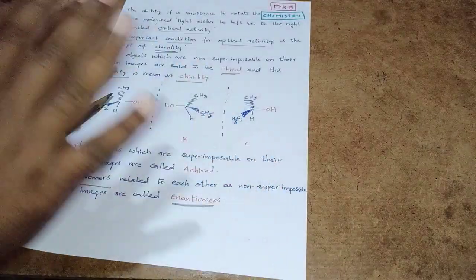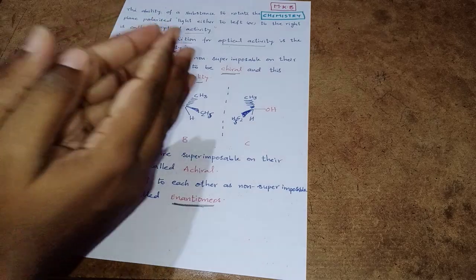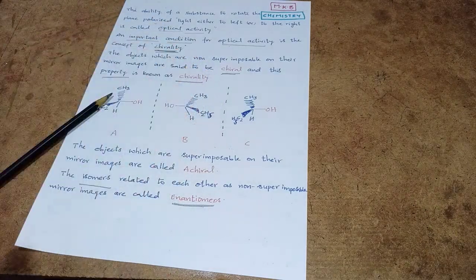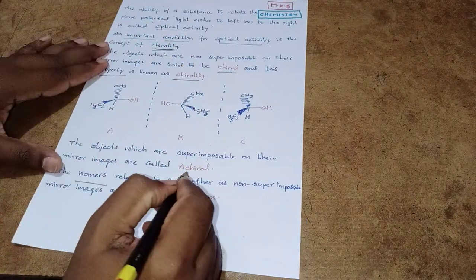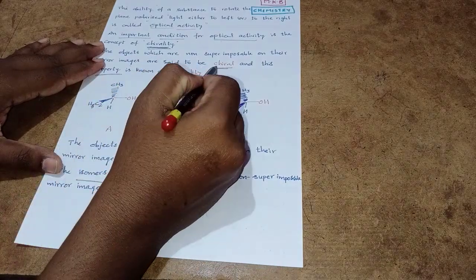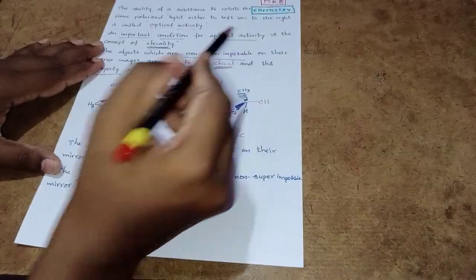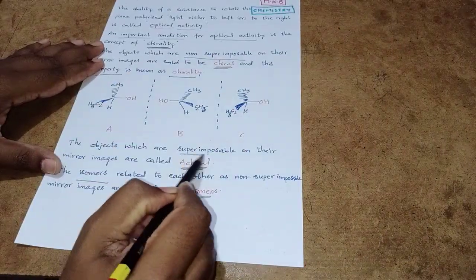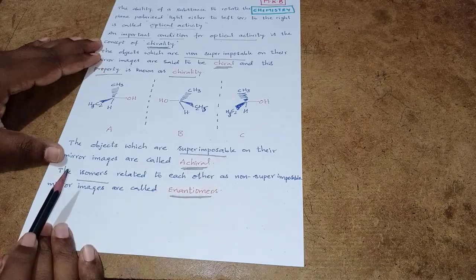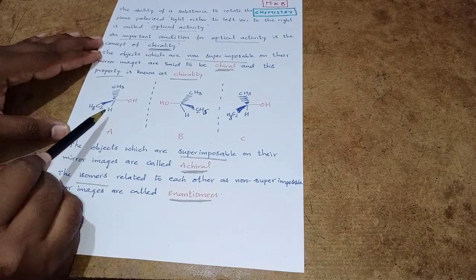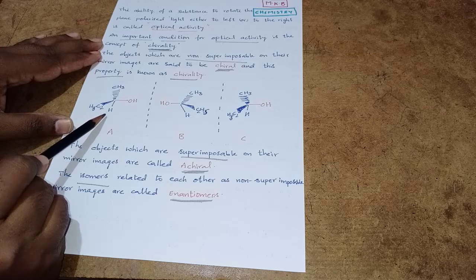Suppose they are superimposable, then they are called achiral. Chiral means non-superimposable. Achiral means superimposable on their mirror images. This is a simple example, 2-butanol.